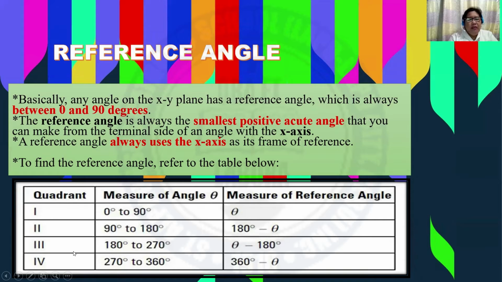For the third quadrant, the measure of the angle is between 180 degrees and 270 degrees. So to find the reference angle, take the given theta minus 180 degrees.